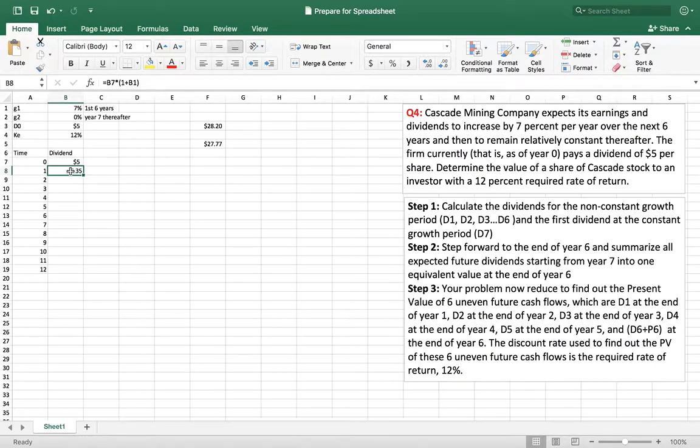Before doing so, I'm going to modify the formula in cell B8 a little bit by adding dollar sign in front of B and 1. I then press enter again to make sure I modify the formula successfully.